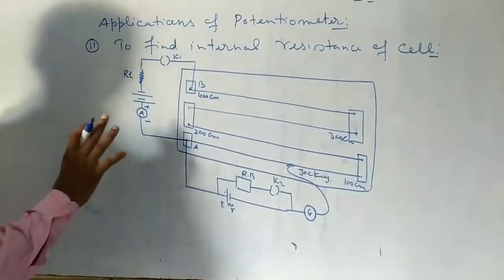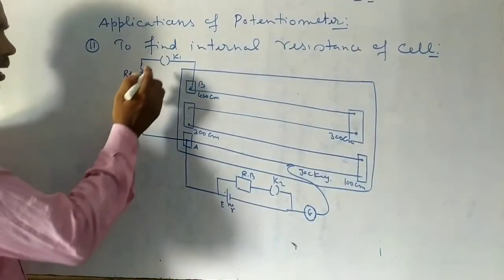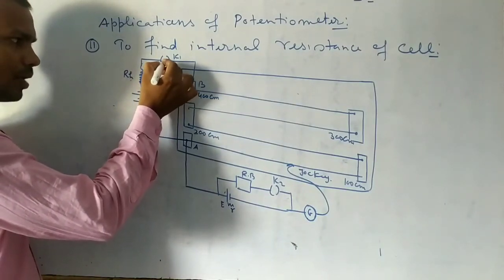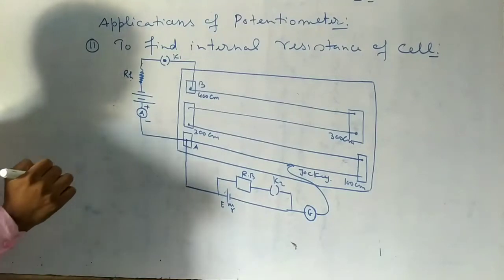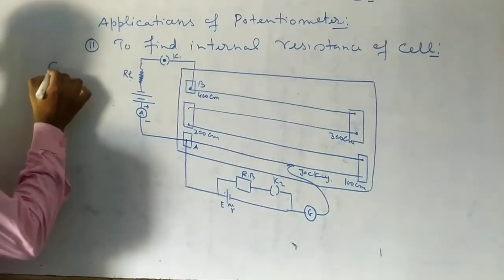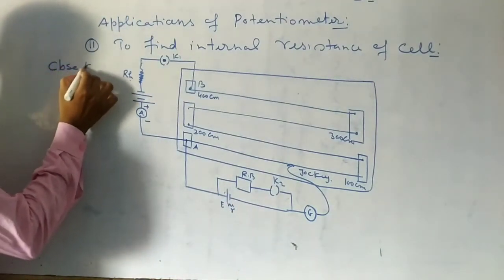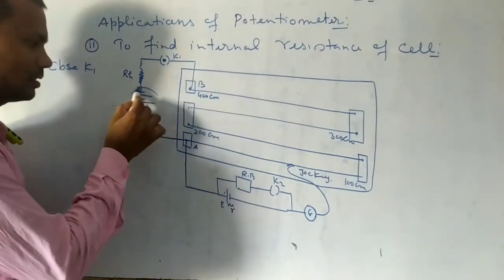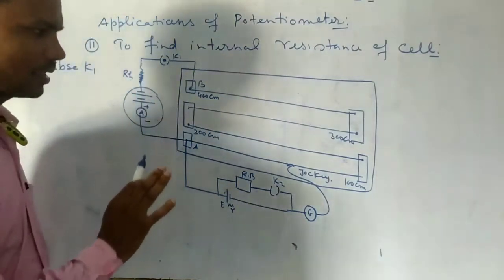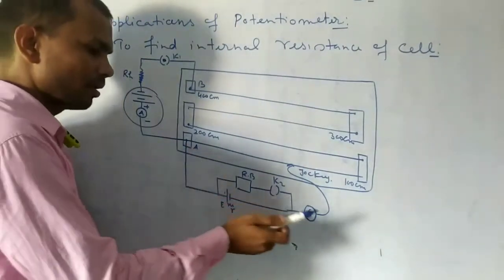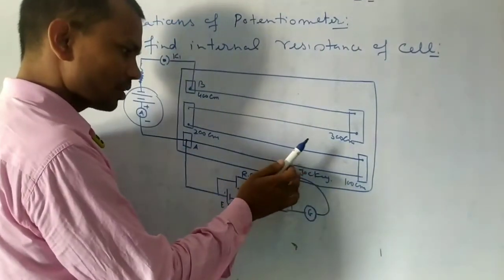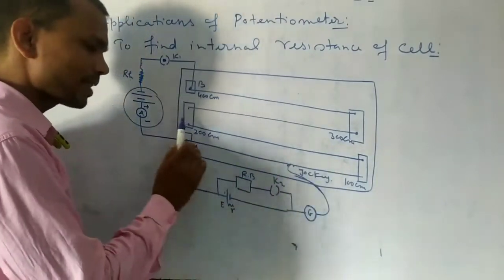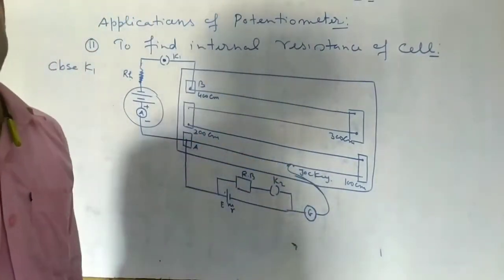In the first step, you have to close this first key, K1. So here you can see the current is flowing in this circuit. Now with the help of this jockey you have to find the balance point by sliding the jockey over this wire.